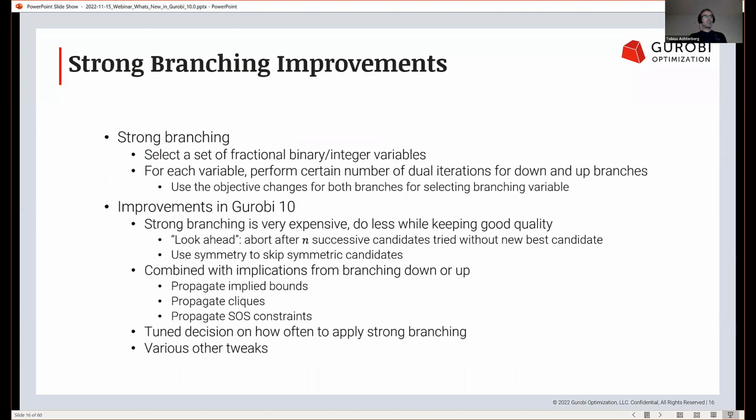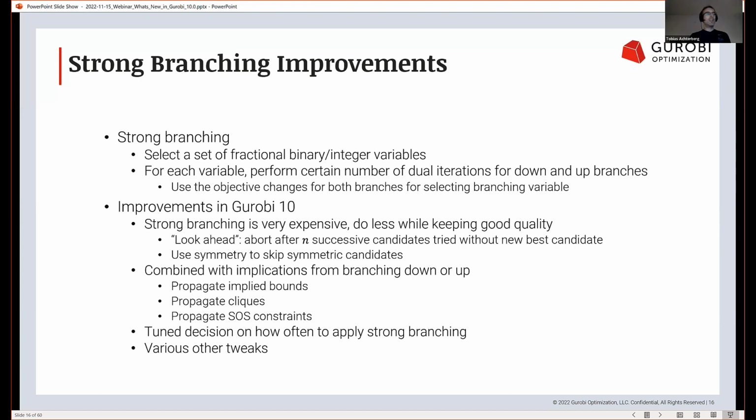Good, but let's talk about strong branching. Strong branching is a branching rule, or is used as part of the branching rule, where you need to decide which of the fractional variables you want to select as the branching variable. What you do with strong branching is you apply on each of these candidates a few dual simplex pivots in order to see how the objective function is behaving.